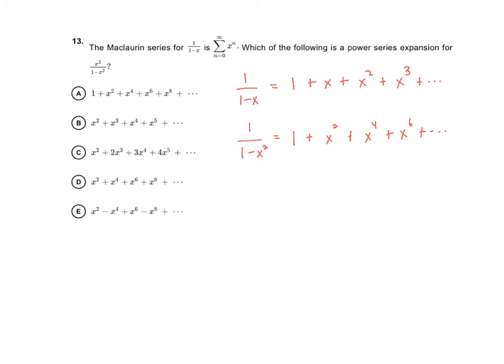And then just timesing everything by x squared, and then distribute the x squared to all of these. That is D.